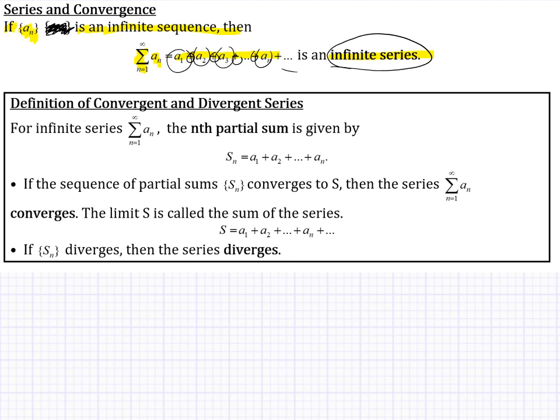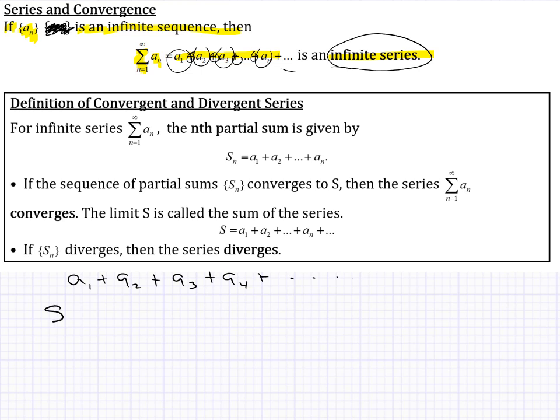Let me give you a first quick introduction to partial sums before I go into the definition of convergent and divergent series. Say we have an infinite series, a sub 1 plus a sub 2 plus a sub 3 plus a sub 4, etc. A partial sum is to only add up a part of that sum, hence the term partial sum.